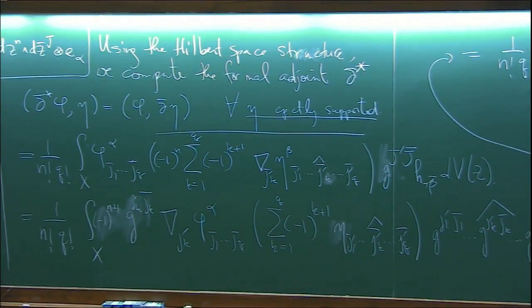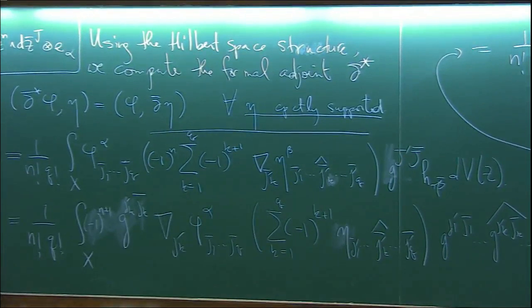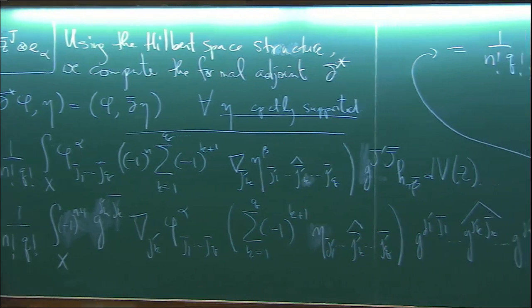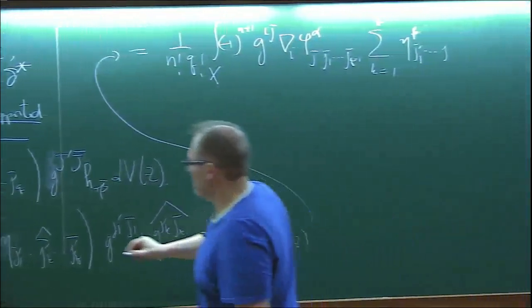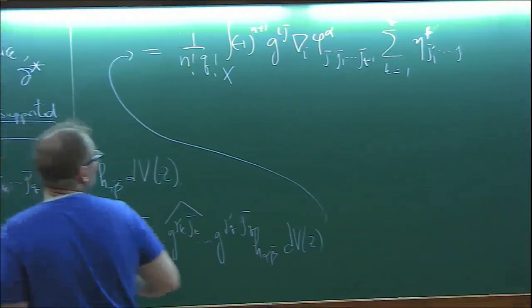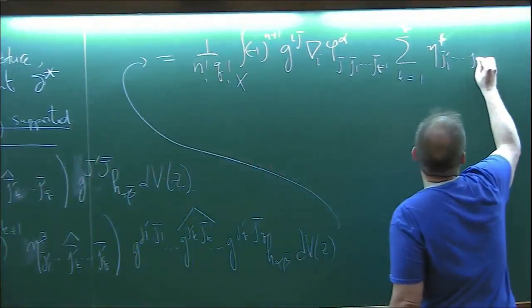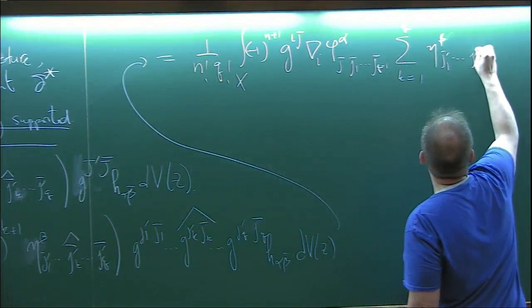Okay, so K going from 1 to Q, and now I don't have the sign anymore, but now I've changed the names of the indices, so these are all the same, independent of K. So J1 prime bar, maybe there's a beta here. Yep, I forgot my betas there. J Q minus 1 prime bar.